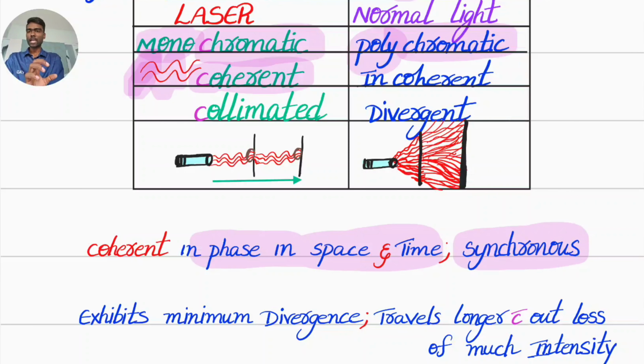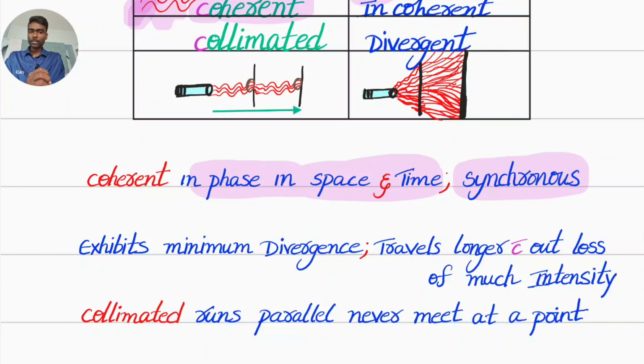Because of this, it exhibits minimum divergence and travels longer without much loss of intensity. Even if the distance increases, its intensity won't reduce and it won't diverge.